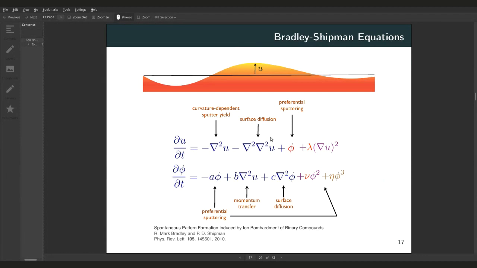Here's the preferential sputtering. And again, in the second equation, we have momentum transfer and surface diffusion. So these are all of the mechanisms that are at play, either causing the surface to eventually smooth out or causing patterns to spontaneously form and persist.